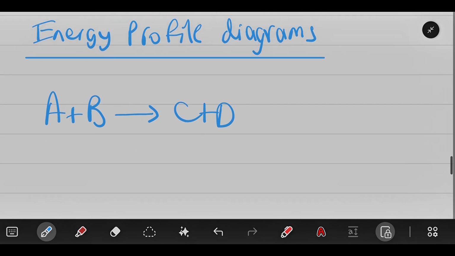All right. Now we know that everything around us, the particles that are around us, have a certain amount of energy. For example, oxygen gas in the air has energy. It is that energy that enables the gas to travel and move, right? In a similar way, the particles of A and B have certain energy present in them at all times.